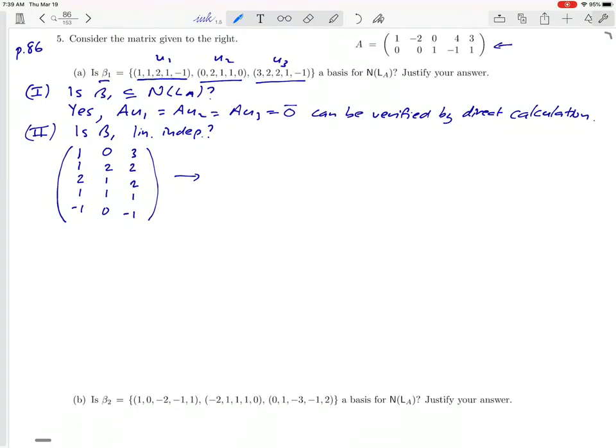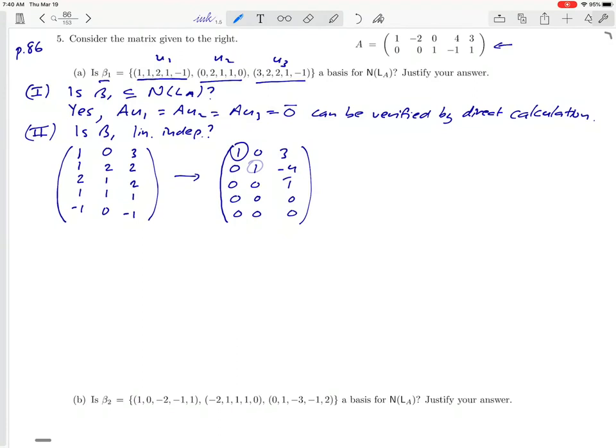And if we do matrix row operations here, what we're looking for are where the pivots are. Okay, and so this you can, again, either do by hand or maybe by a calculator to save some time. Okay, and after doing row operations, there's the reduced matrix that we wind up with.